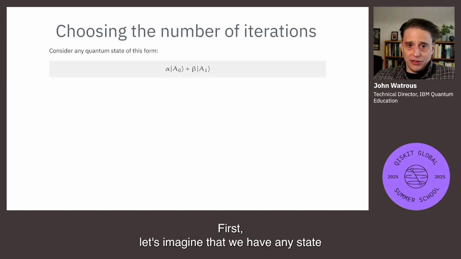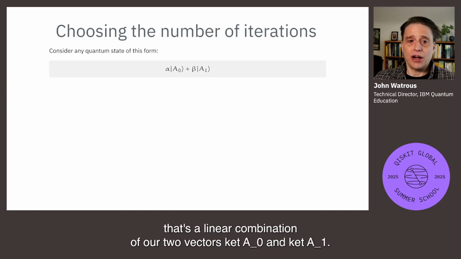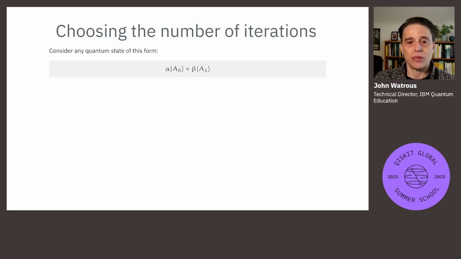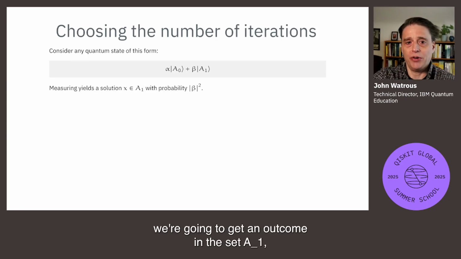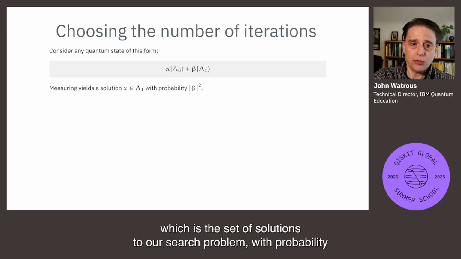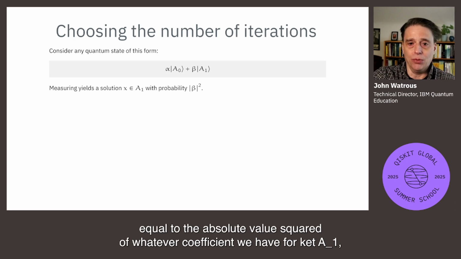First, let's imagine that we have any state that's a linear combination of our two vectors, ket A0 and ket A1. If we perform a standard basis measurement on the state, we're going to get an outcome in the set A1, which is the set of solutions to our search problem, with probability equal to the absolute value squared of whatever coefficient we have for ket A1.